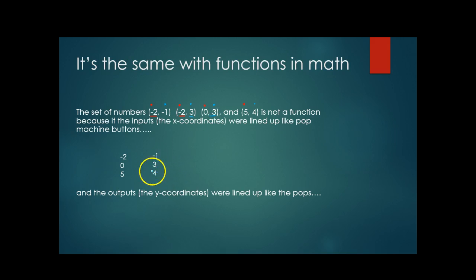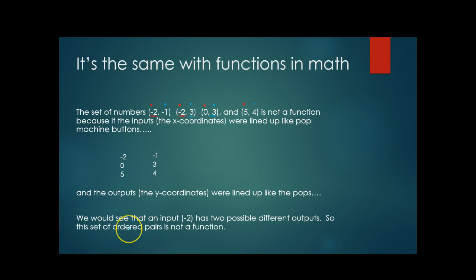So we only need to write it once when we line them up, because that's the same type of pop. We would see that the input, which is -2, has 2 possible different outputs. So this set of ordered pairs is not a function because of this right here. You have one button getting 2 different pops out.